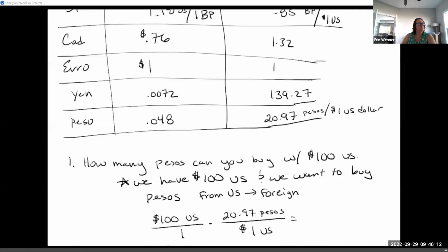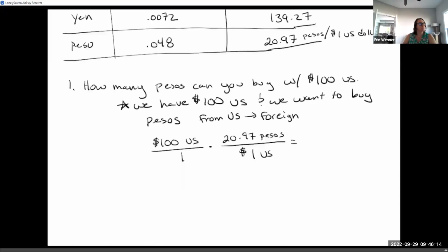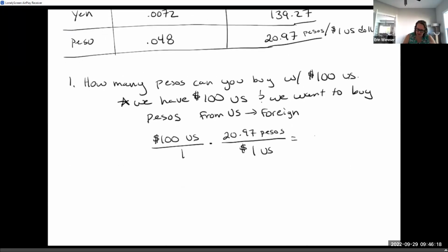We multiply together and this gives us 2,097 pesos.